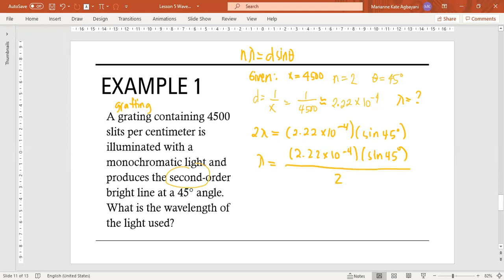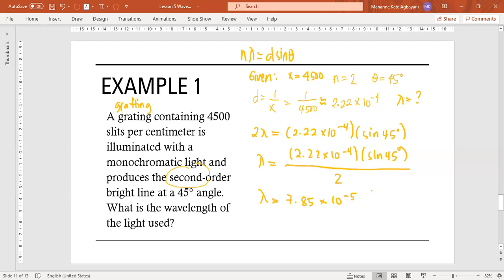Take note that the whole expression is divided by 2. So lambda is approximately 7.85 times 10 to the negative 5.